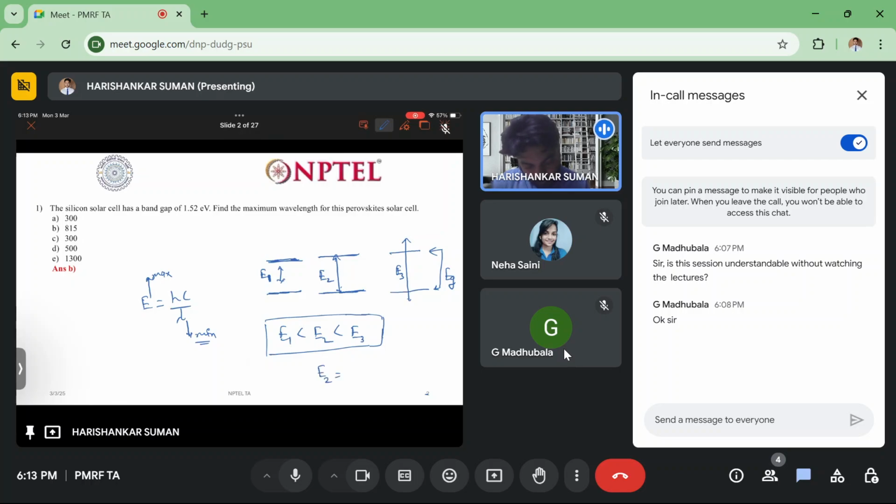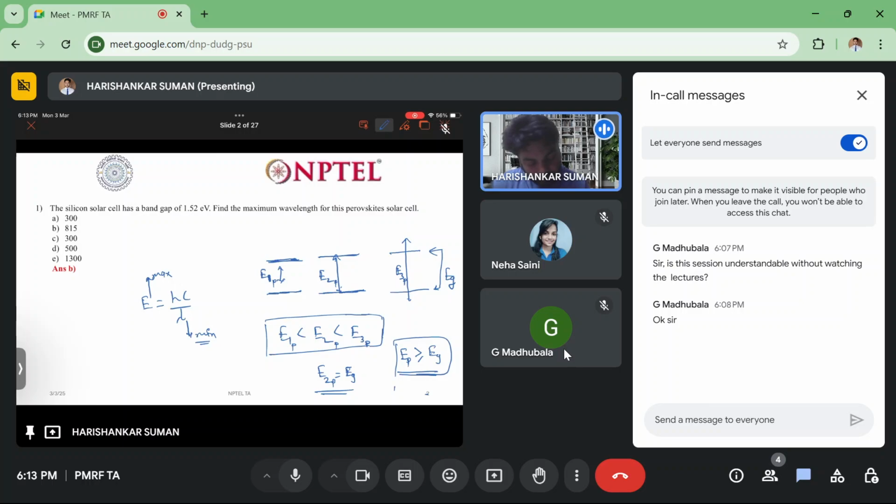E2, the incident photon energy, is equal to the band gap of the material. The material can absorb only if the photon energy is greater than or equal to the band gap.